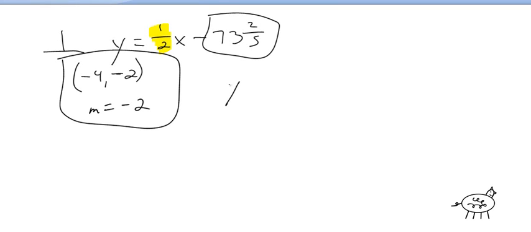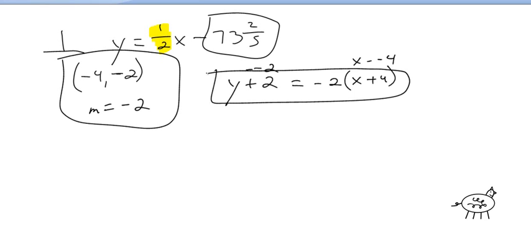So let's write it out. Y plus 2. Notice, this is really minus -2, equals slope -2 times x plus 4, which is really x minus -4. Anyway, that's point slope form right there. And then slope intercept, y plus 2 equals -2x minus 8, and subtract 2.